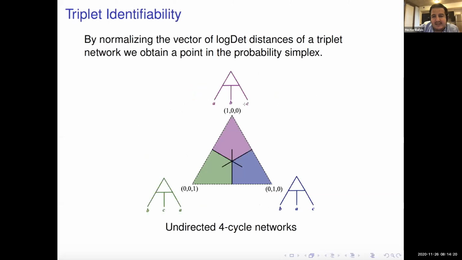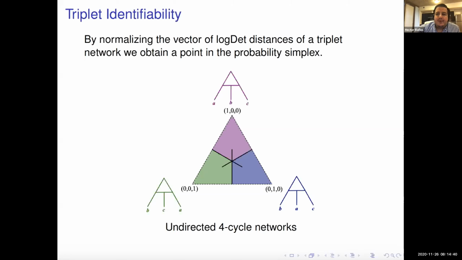The probability simplex is a set of points in R^3 which satisfy that the entries are non-negative and they add to 1. And when you look at it from above, it looks like a triangle.